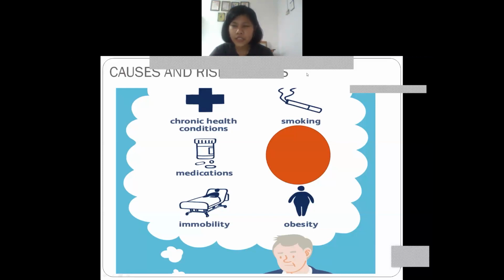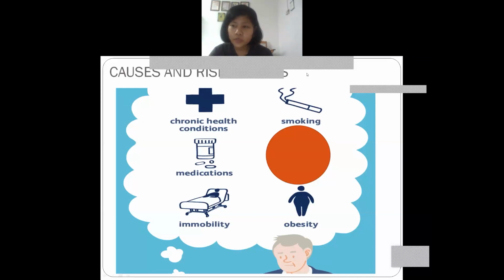If a person has any injury in the vein, for example, any accident or any trauma, at that time the person can have this superficial thrombophlebitis. Because of the trauma, because of the accident, obviously the person will get affected.